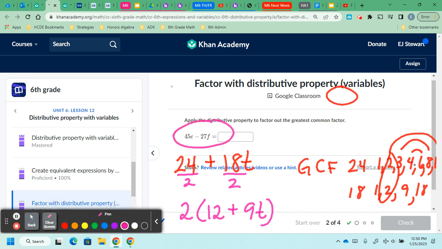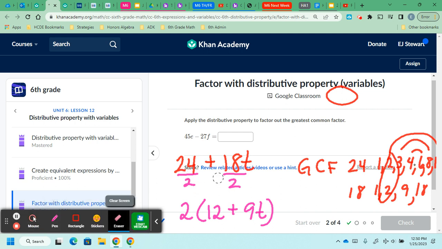Notice here, I have 45 times E minus 27F. Well, E and F, like our video that we looked at earlier, are not on the same team. So I cannot factor either of those variables out. But I'll look at 45 and 27.